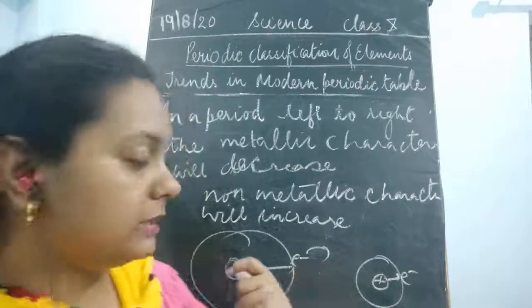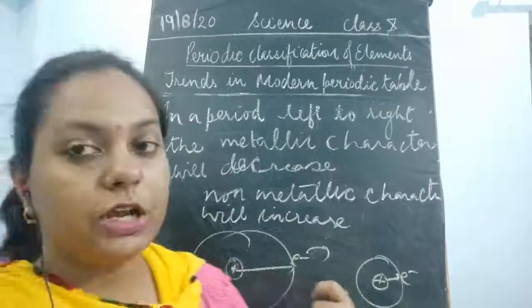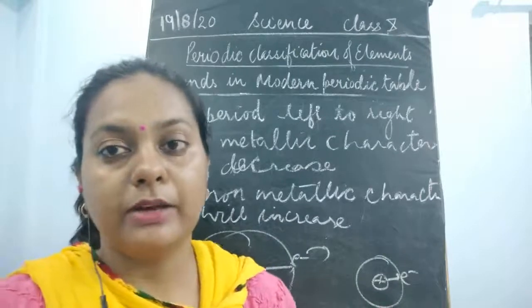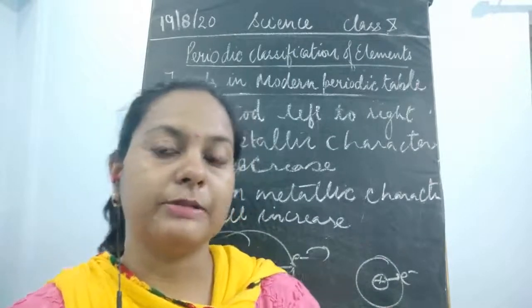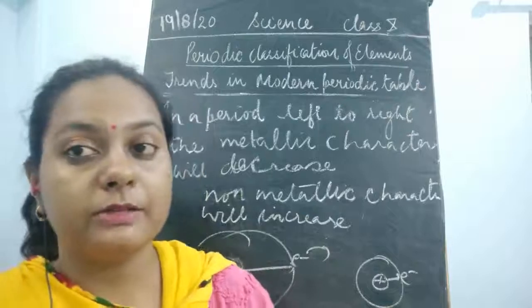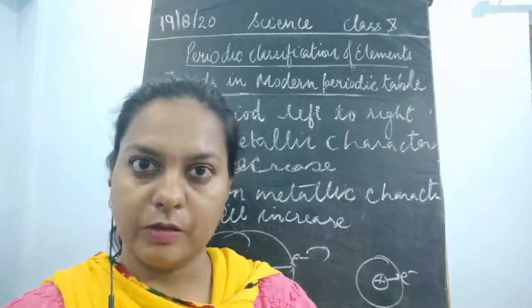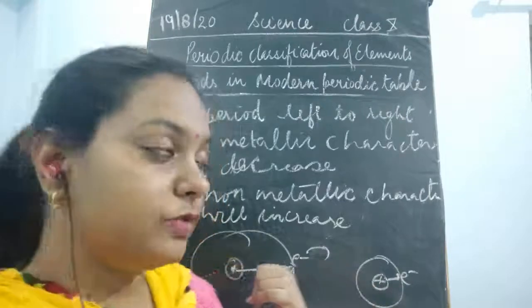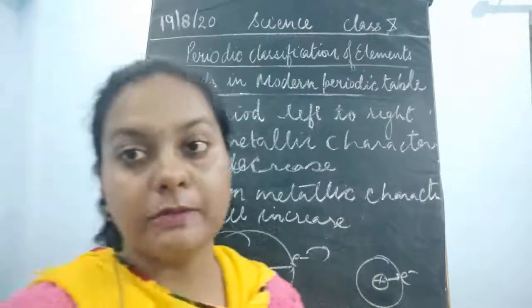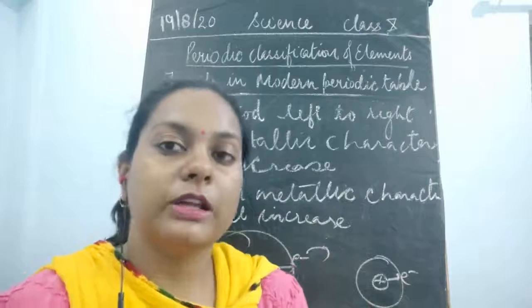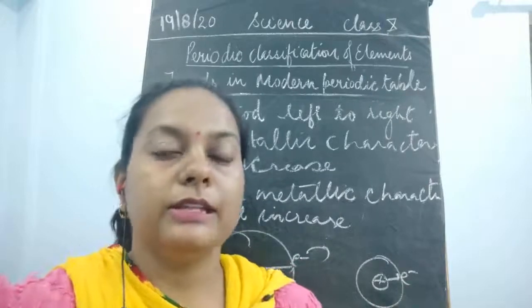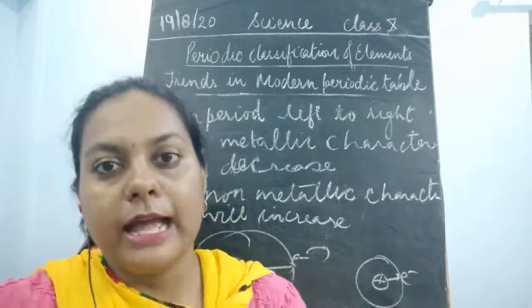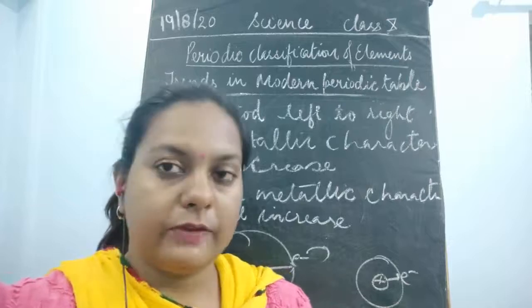If atomic radius increases, then the effective nuclear charge would act in a much lesser manner, because of which it is easy for the electrons to get lost from the atom. So the electropositive character is going to increase when we are moving down the group, and it is going to decrease when we are moving left to right.